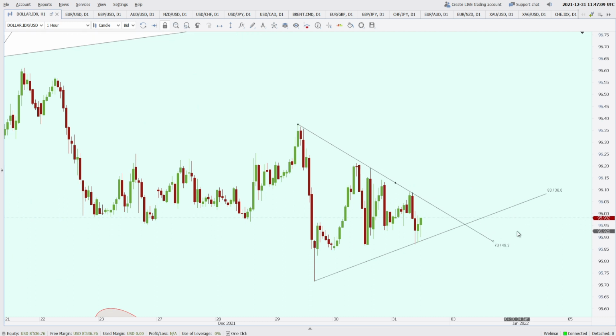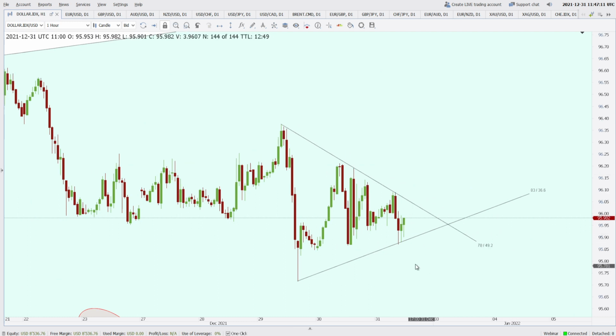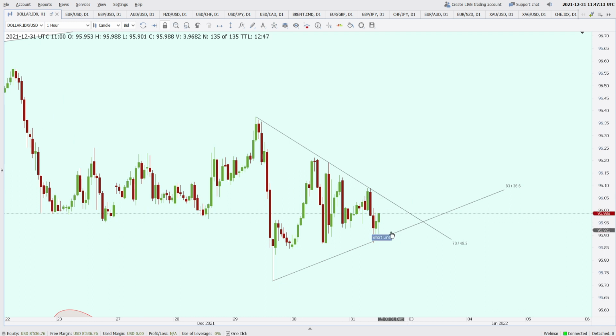So this is an area of indecision where the buyers and sellers are trying to push the price to the other side. Here the buyers are trying to be aggressive at the lows, and when price is here, the sellers will be aggressive again. Eventually, sometime before this apex is reached, the price will break out in one direction, and that will be the direction decided by the majority. That is how it works.